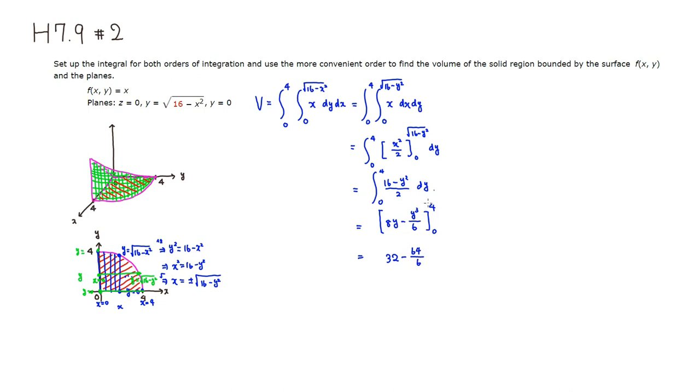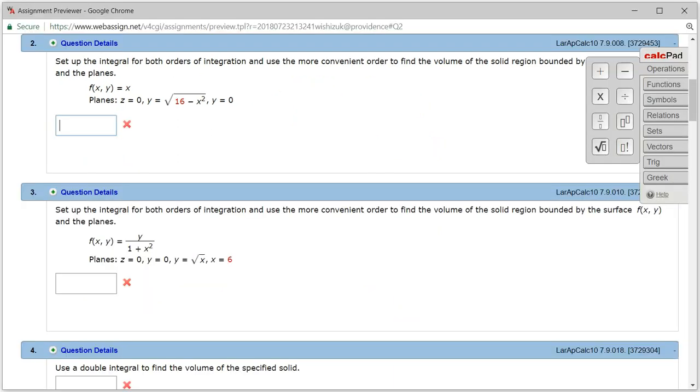Plugging in 0 gives all 0. Since 64 is even, divide by 2 to get 32 over 3. Taking a common denominator of 3, you have 96 minus 32, which is 64 over 3. So the volume is 64 over 3.